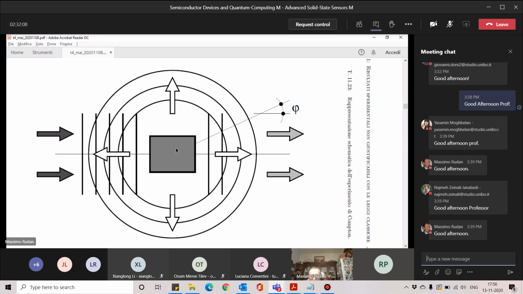So the impinging radiation is made of photons that have all the same direction, that is horizontal, and the same frequency, because it is a monochromatic planar wave. And also assuming that the radiation has a momentum.